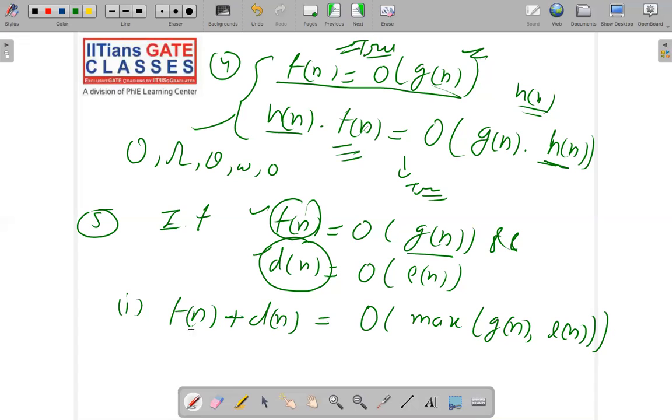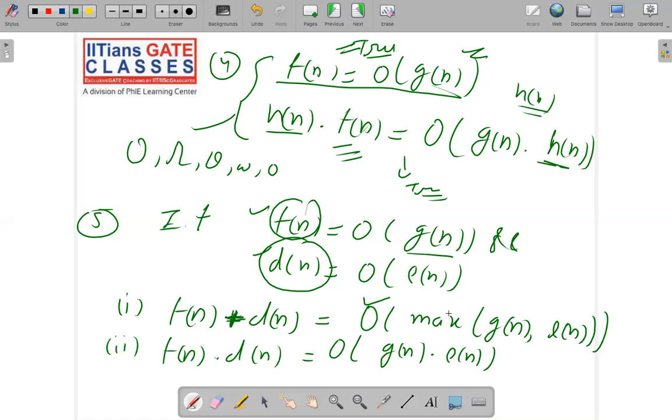The second one is, what if we multiply these two? Fn dot Dn. Then on the right side also we have to multiply Gn dot En.